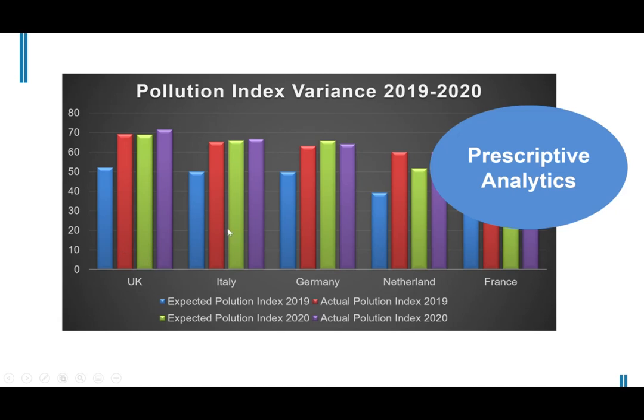But what can we do? What can we learn from Italy and Germany and others? This is again part of the prescriptive analytics. To do so, you need to have a data model. How would you do the expectations? Do you have a common factor? Do you have a multiplier? Do you have division?